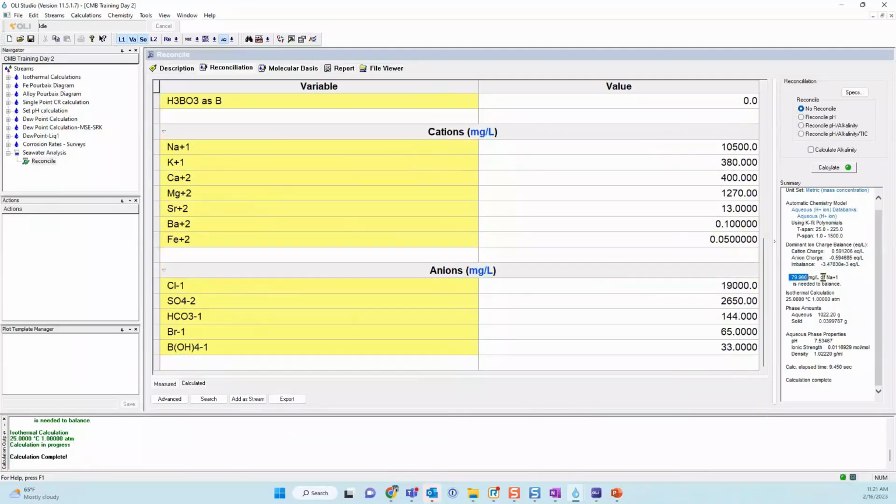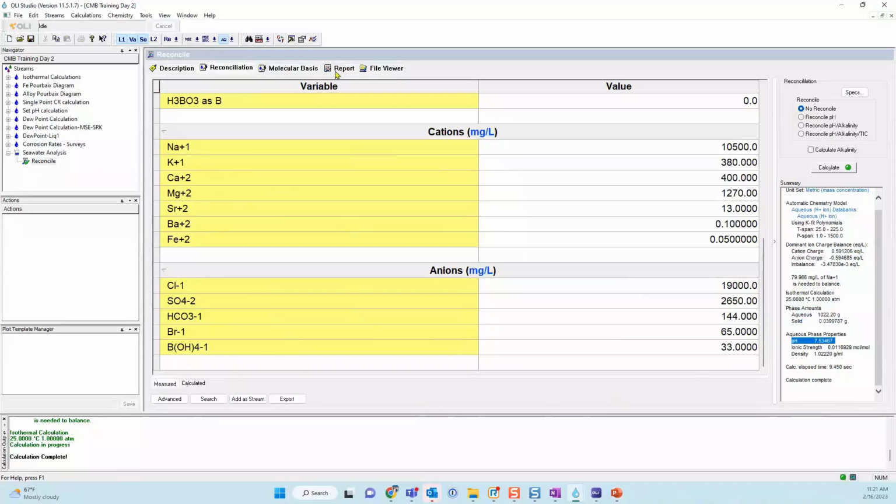So the software has to add sodium plus to reach the electron neutrality. And I'll show you that in more detail in a moment. Then you have the phase amounts, says that you have an aqueous phase, and then you have a solid phase. And this is the pH of that water analysis.